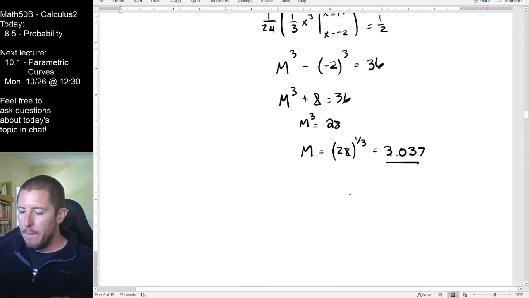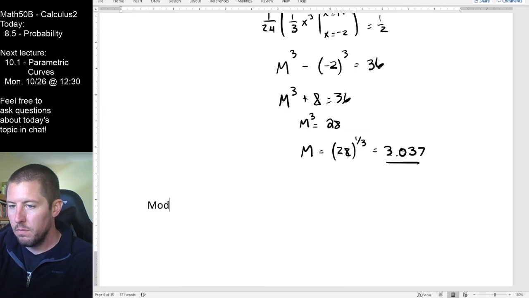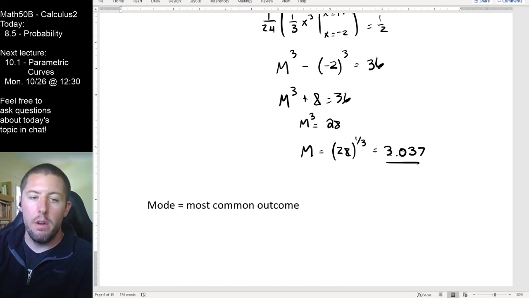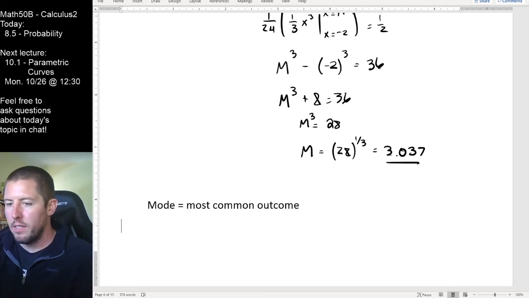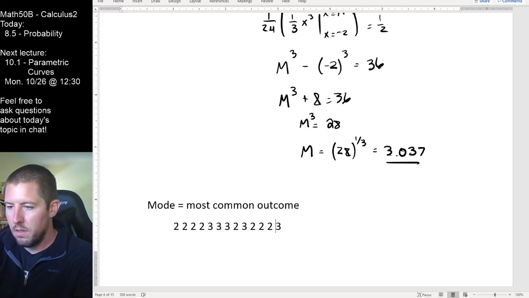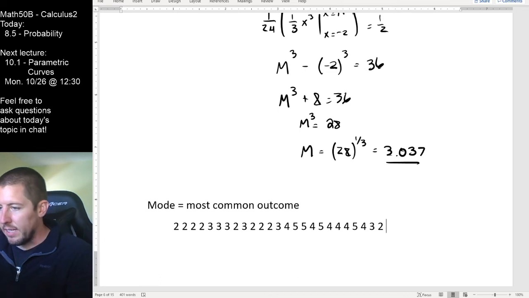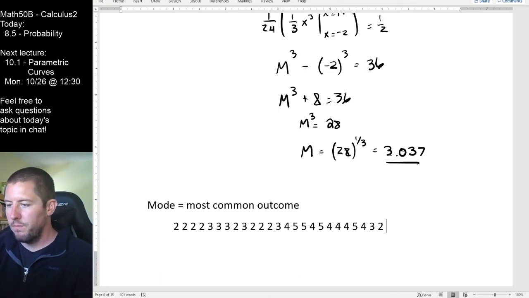Finally, we're looking for the mode. The mode of a distribution is the most common outcome. So if we're looking at, for example, a bunch of outputs like this, I think it's likely going to be the case here that 2 is the mode, right? I typed it out like that here.